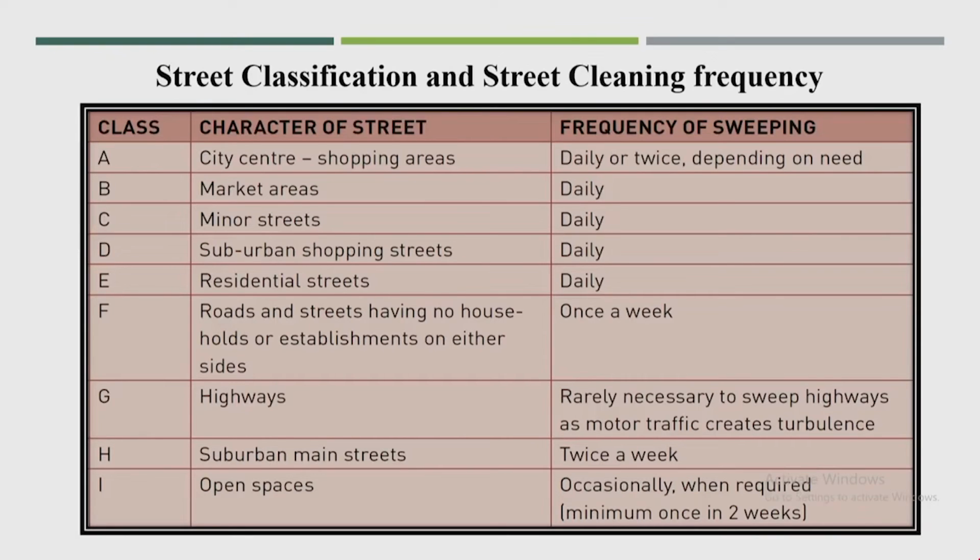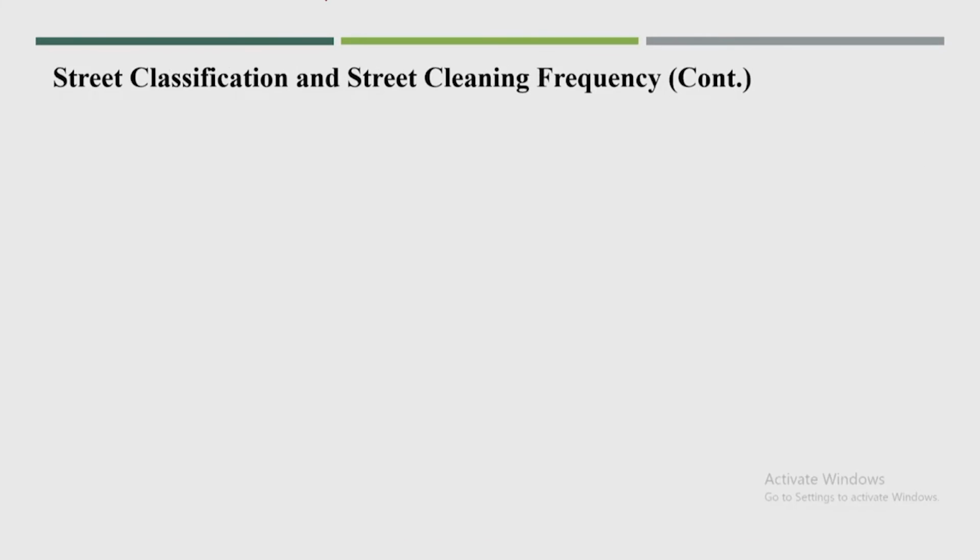Mostly the major streets need to be swept daily, and some roads need not be cleaned that often, like highways, which only need cleaning on important occasions, or some roads once in a week. So this is a good explanation of the frequency of cleaning of roads.